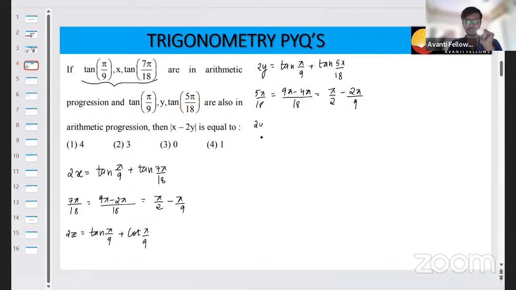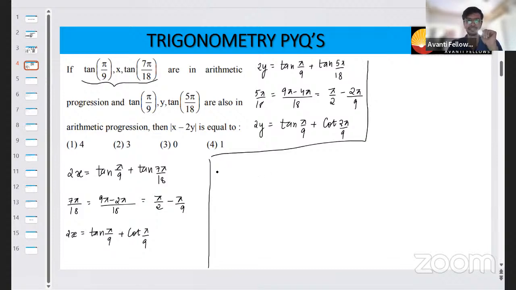So therefore, I can write 2y as tan pi by 9 plus cot 2 pi by 9. Right? Tan 5 pi by 18 will be cot 2 pi by 9. So we want x minus 2y.